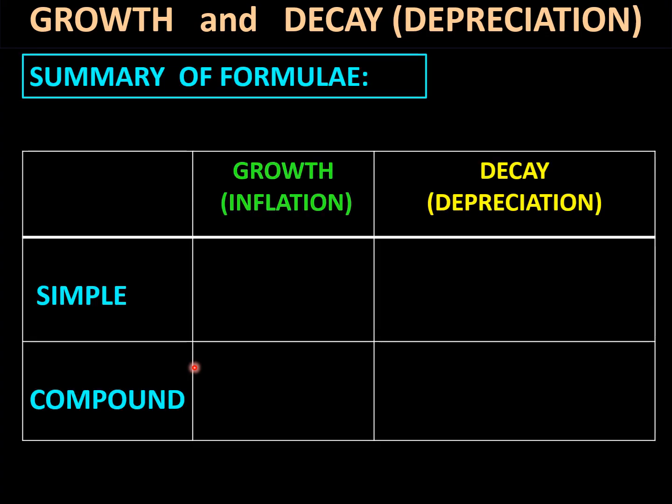Let us just summarize what we've done, growth and decay. Decay is also known as depreciation. In growth, which is also known as inflation, for simple, that's the formula we use, and for compound, that one. In the case of compound, this is where we're going to have inflation, right?